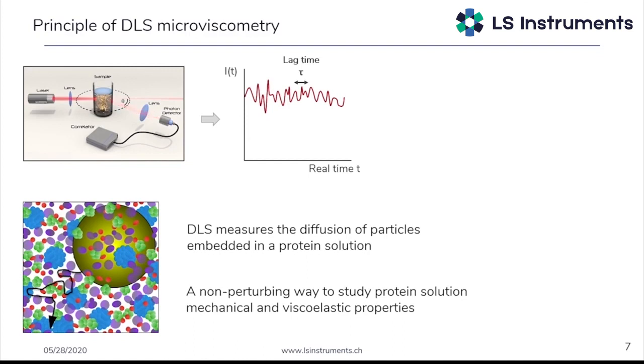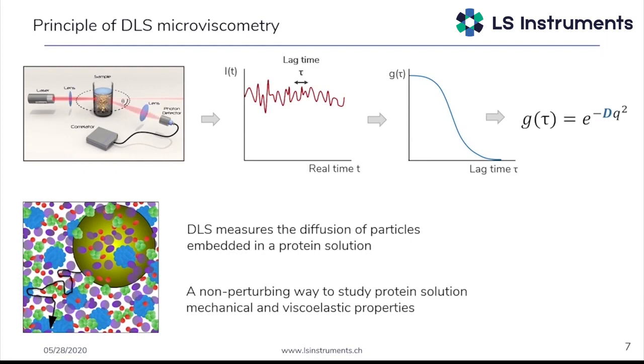With these intensity fluctuations, we can then determine the so-called intensity autocorrelation function. And we know that this intensity autocorrelation function for ideal particle suspensions, where the particles don't really interact with each other, directly gives us the diffusion coefficient of the particles.